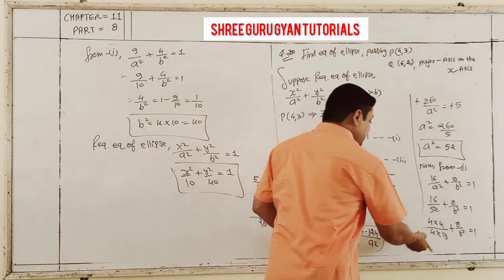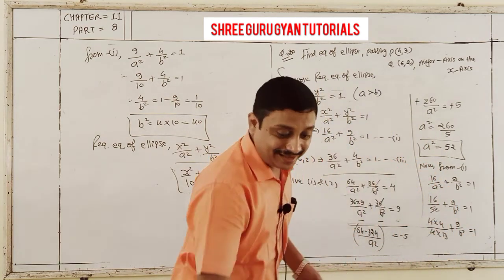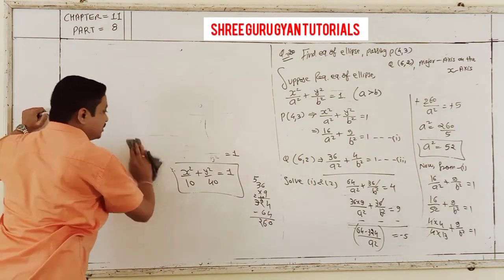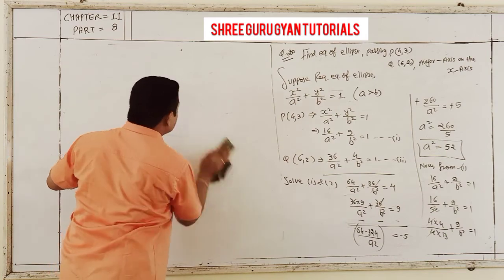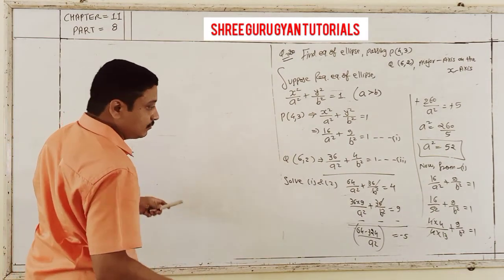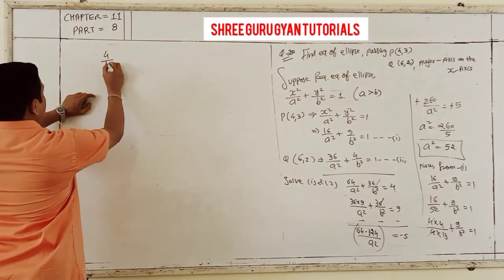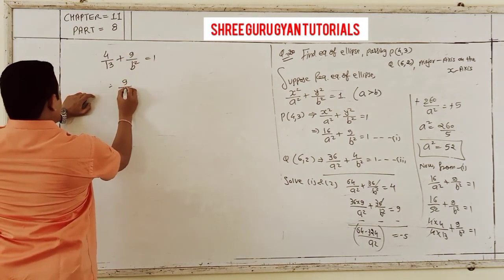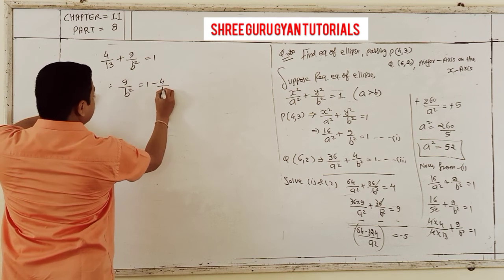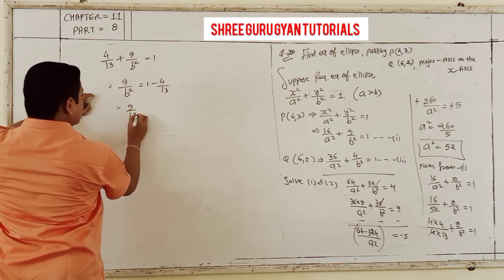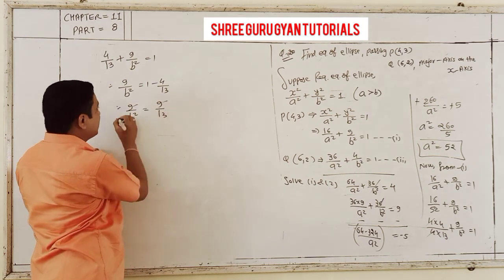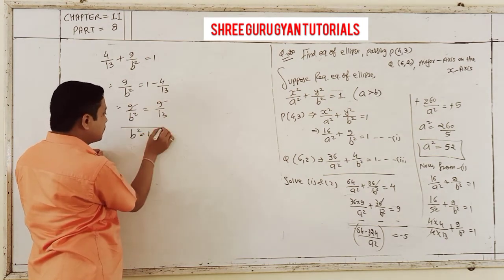Yes, this cancels, and you derive the value of b easily. Simplifying, my answer is 4 by 13 plus 9 by b square. So 9 by b square is equal to 1 minus 4 by 13. So how much? 13 minus 4, 9. My b square answer is 13.